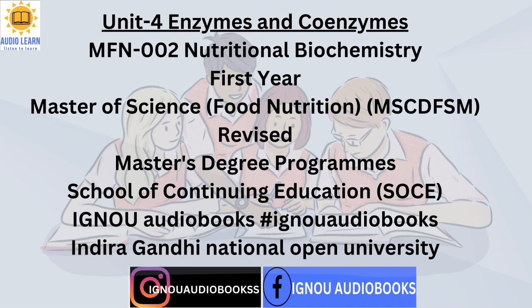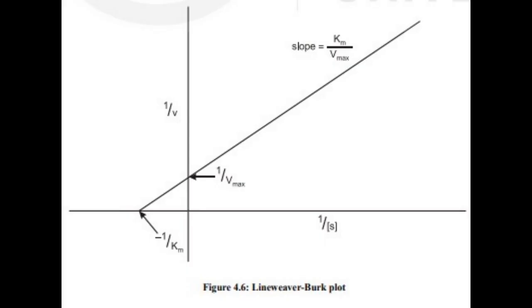This clearly establishes that Km is the substrate concentration at which the reaction velocity of an enzyme-catalyzed reaction is half of maximum velocity. Point O. At this point, the substrate concentration is much higher in comparison to Km, and so Km may be ignored in the Michaelis-Menten equation. Thus it becomes V equals Vmax into S upon S, or V equals Vmax.